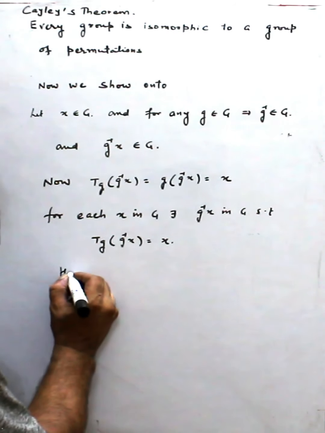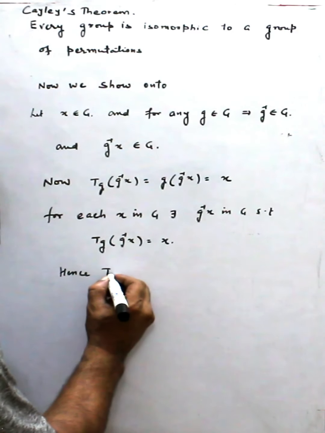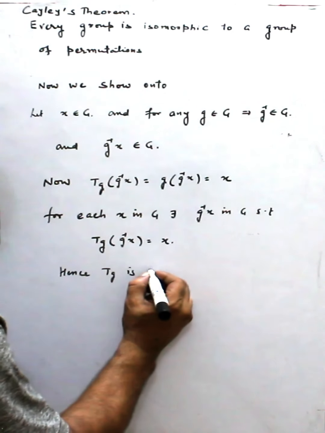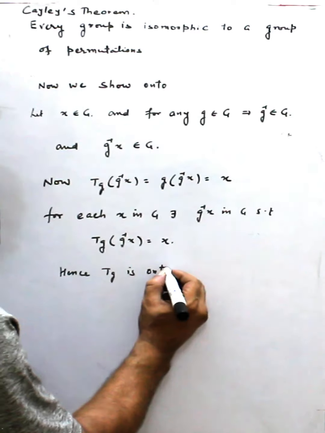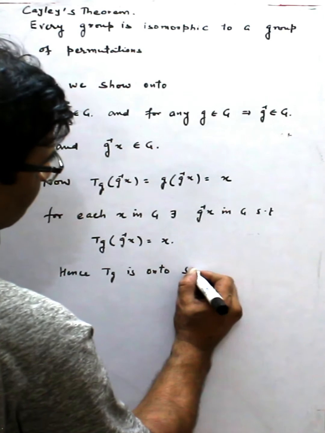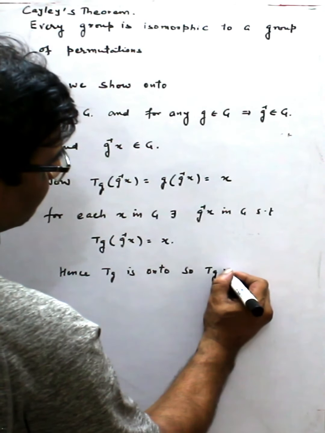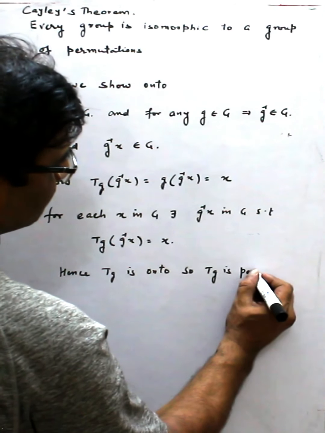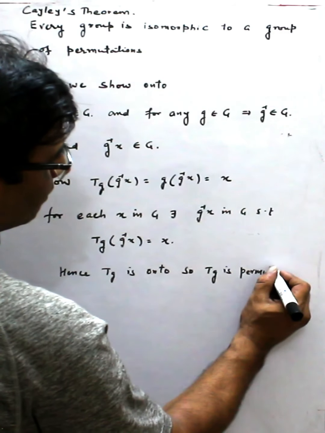Hence Tg is onto. So Tg is a permutation.